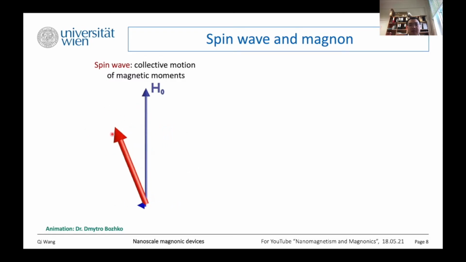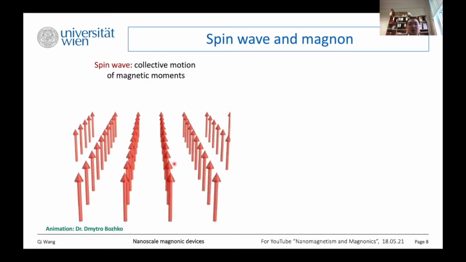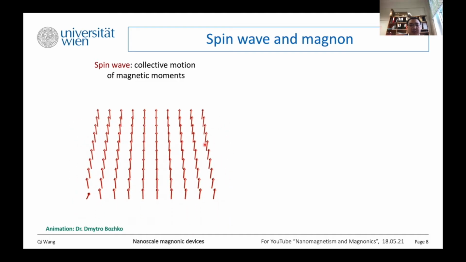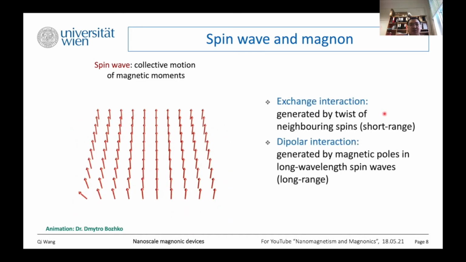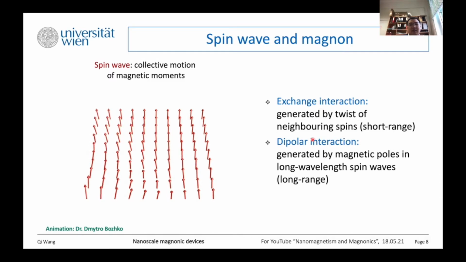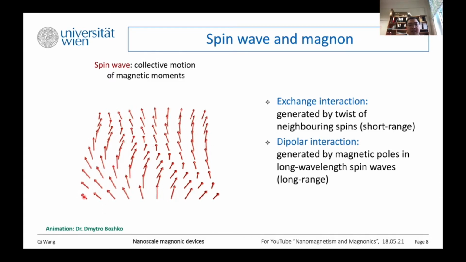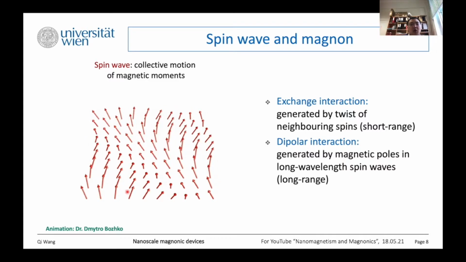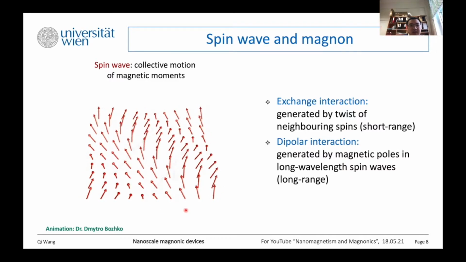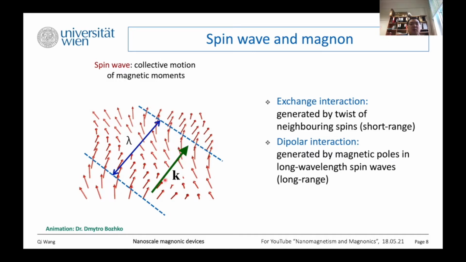Imagine in real materials, there are a lot of spins, thousands of spins, coupled by the exchange interaction and the dipole interaction, and this precession will propagate in the form of a wave. We call it a spin wave, and we can define the wavelength and the wave number.